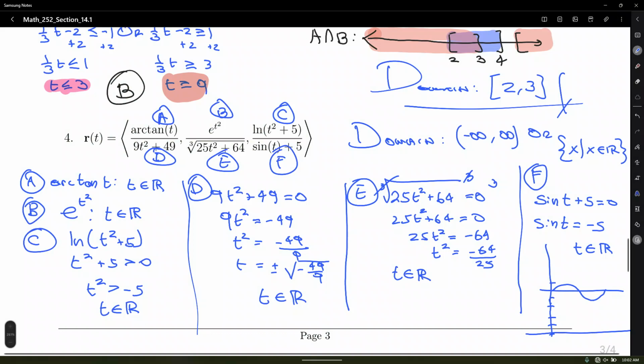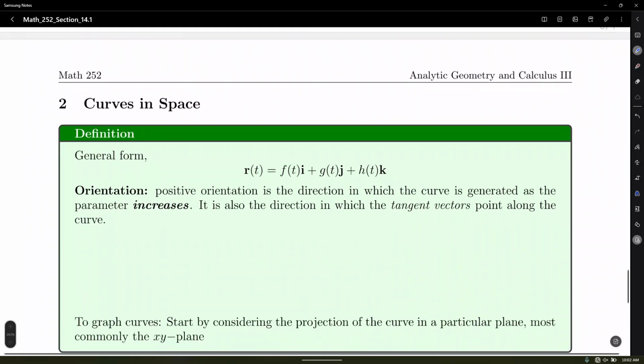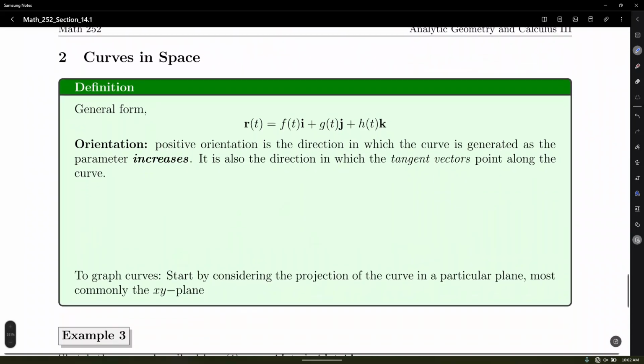Okay, curves in space. So again, let's just review the general form of a curve in space. So we call positive orientation the direction in which the curve is generated as the parameter increases. t equals 0, 1, 3, 4, 5, not backwards.